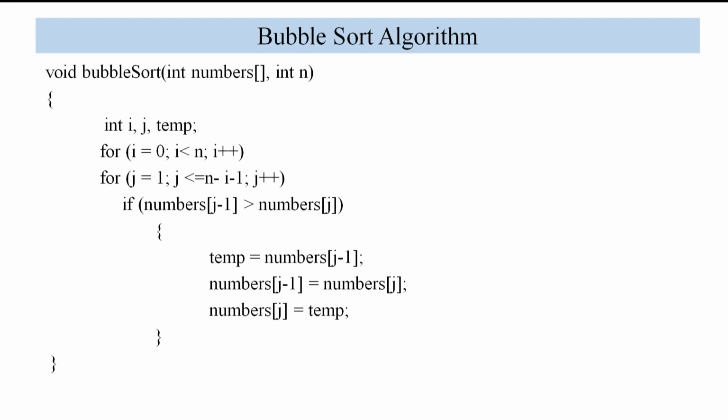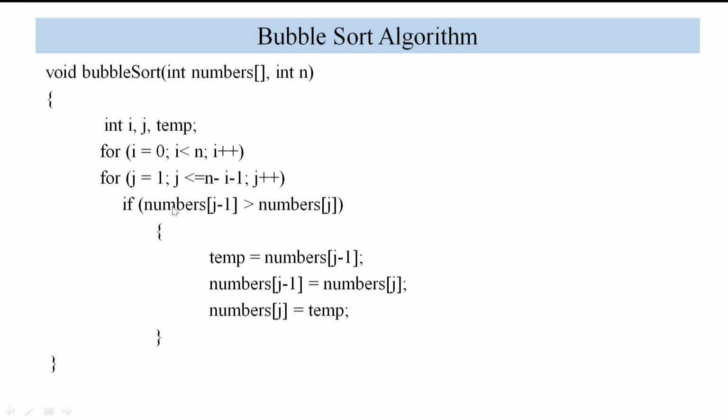For every i, the inner loop j will execute from j equal to 1 to j less than or equal to n minus i minus 1. So when i is 0, it will execute till j less than or equal to n minus 1. If n is 10, it will execute 9 times.